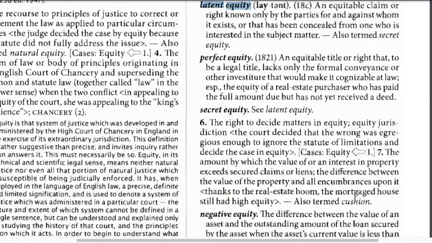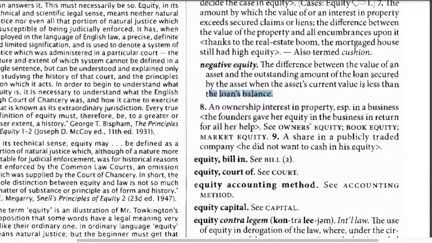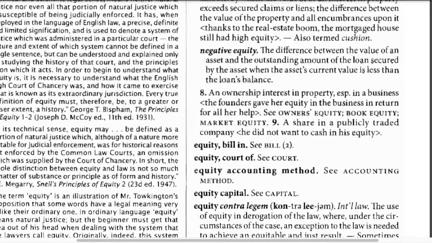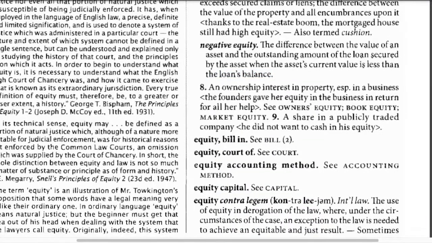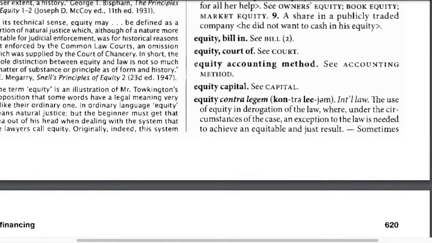Negative equity, the difference between the value of an asset and the outstanding amount of the loan secured by the asset when the asset's current value is less than the loan's balance. Then we have it down here, 8, an ownership interest in property, market equity, equity accounting method, equity capital, equity contra legem.